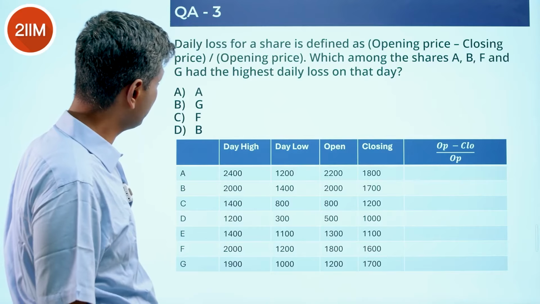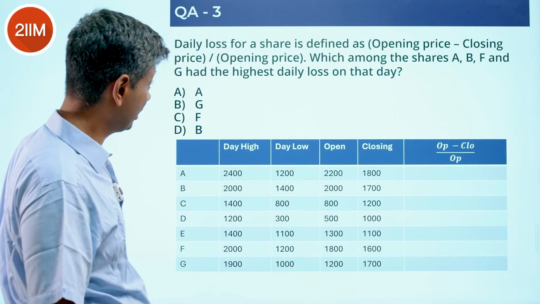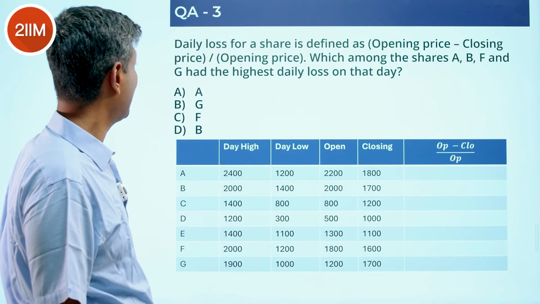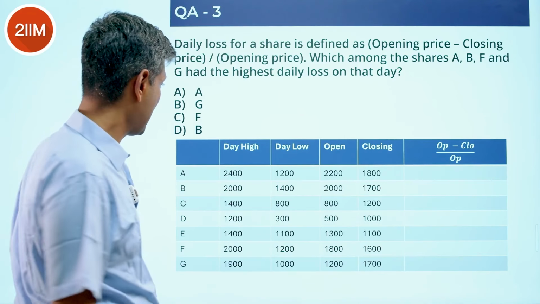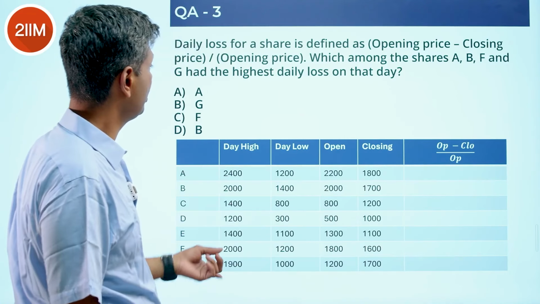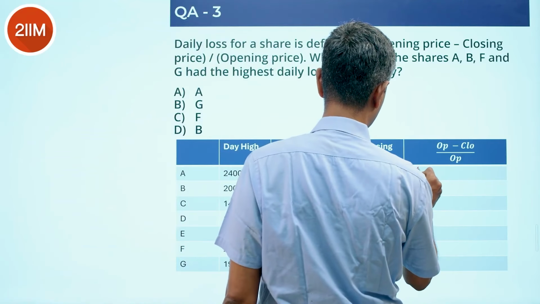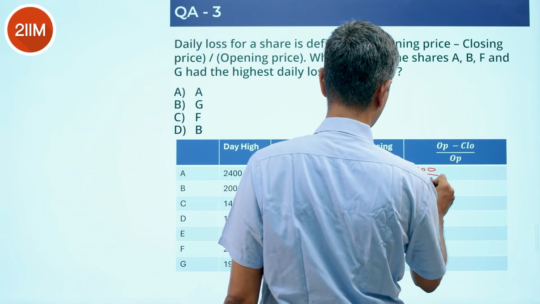Daily loss for a share is defined as opening minus closing by opening. Which among the stocks A, B, F and G had the highest daily loss? A, opening minus closing by opening. Opening minus closing is 400 by 2200.